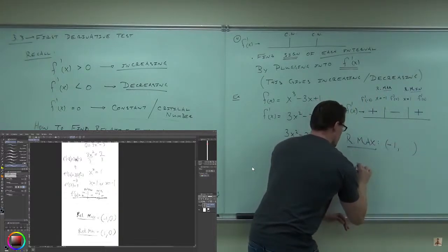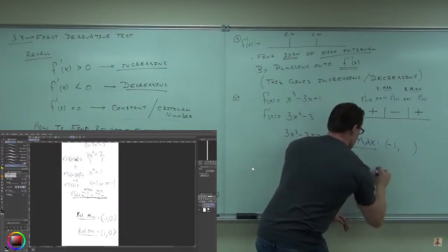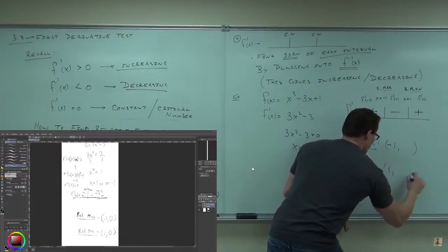And my relative minimum is going to happen at 1 comma something. How do I find the somethings?